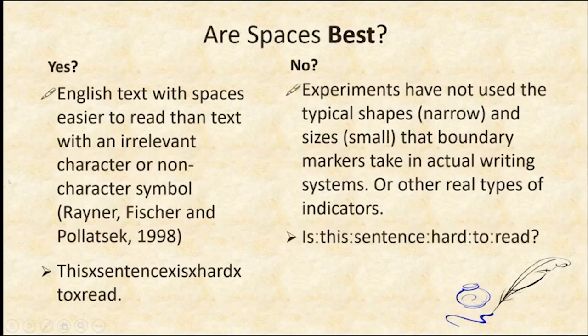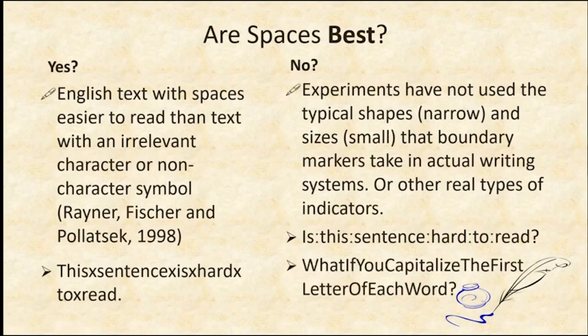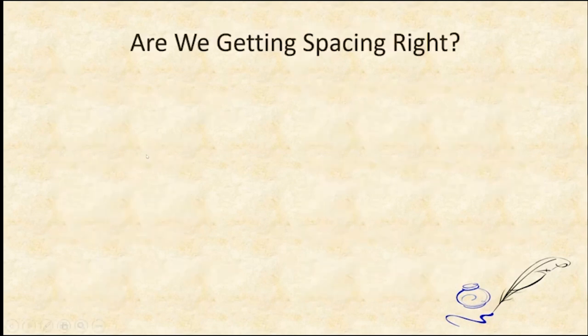So if we use those kinds of markers, I would claim that this sentence is not particularly hard to read, or that there are other cues that we could use, such as capitalizing the first letter of each word, that are also easy to use. So again, we need to be careful about what kinds of conclusions we're drawing and how widely we're applying them.